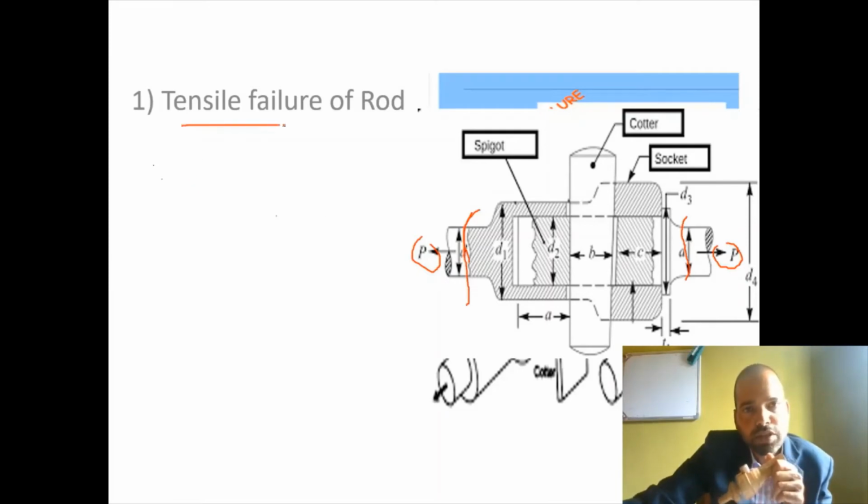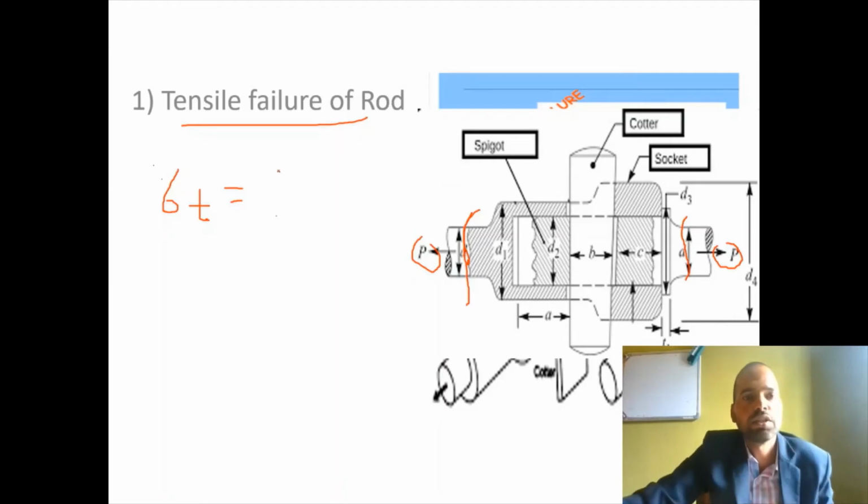Hence the tensile failure of the rod having dimension D will be calculated as follows. The failure mode is tensile, hence the stress induced in this part will be tensile stress, which is given by tensile stress equal to applied force, in this case indicated by P, we can also indicate it by F.